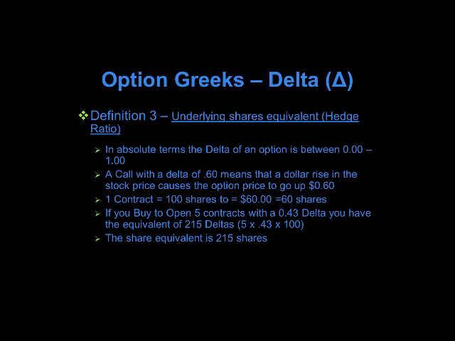Well, look at your total deltas. If your total deltas are 215, that's saying if you own 215 shares and it goes down by $1 a share, you lose 215 bucks. So that's the best way to look at that. It's a hedge ratio. We're going to spend a whole hour on that in a couple of weeks. I think you guys will get a kick out of that one.